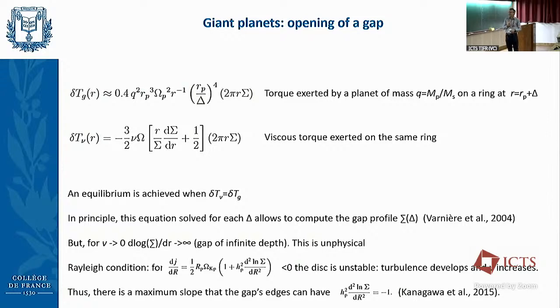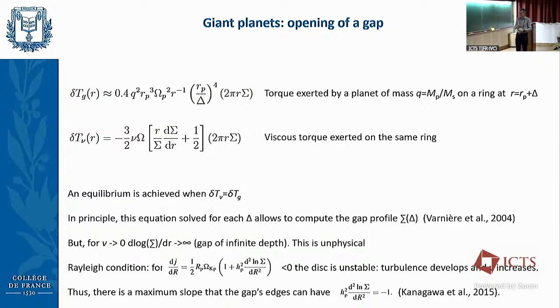Because this gradient of the specific angular momentum of the disk is linked to the gradient of the density, right? If the gradient of the density becomes too steep, because there is the torque of the planet which is not counterbalanced by the viscosity, then at some point the gradient of the angular momentum in the disk becomes negative. And then the Rayleigh condition is not valid anymore.